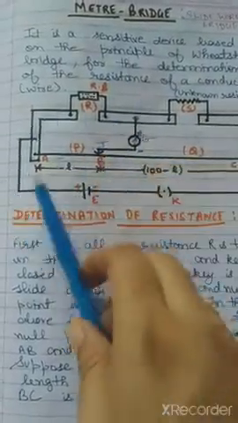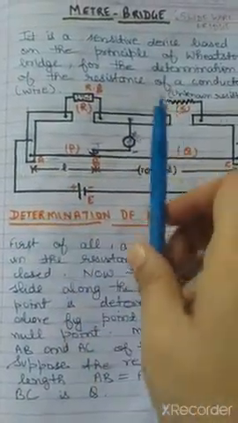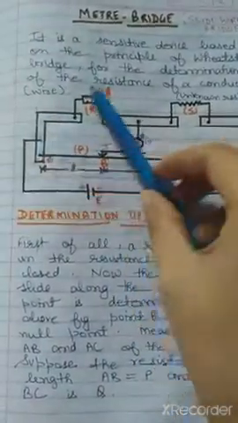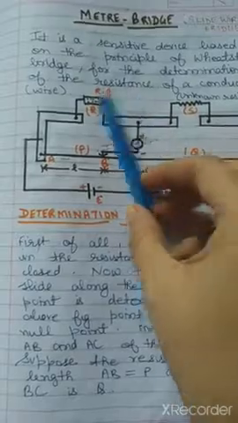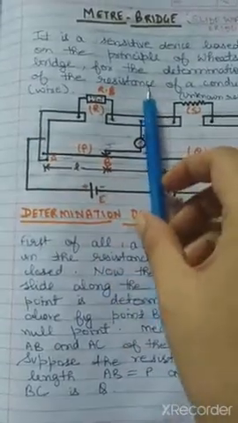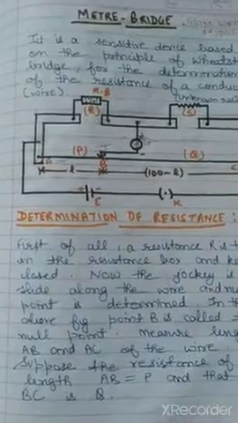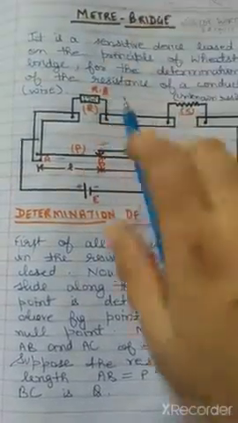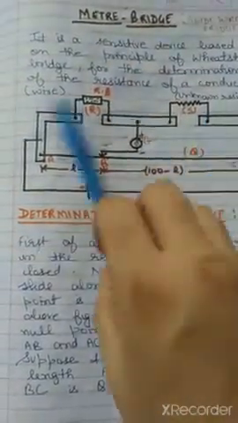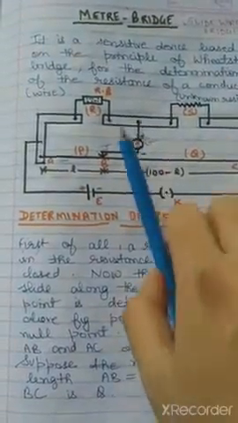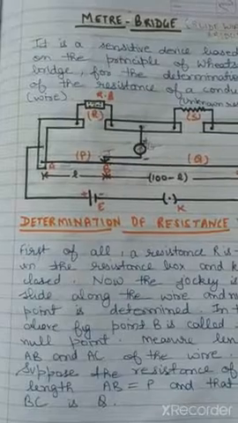But if you are touching on 0 and 100, and on both points you are getting the same side deflection, like on 0 also in this direction and on 100 also in this direction, that means the circuit is wrong. So when you get the complete deflection on both sides, that means your circuit is correct, and in that case the galvanometer will give you the null deflection point correctly.